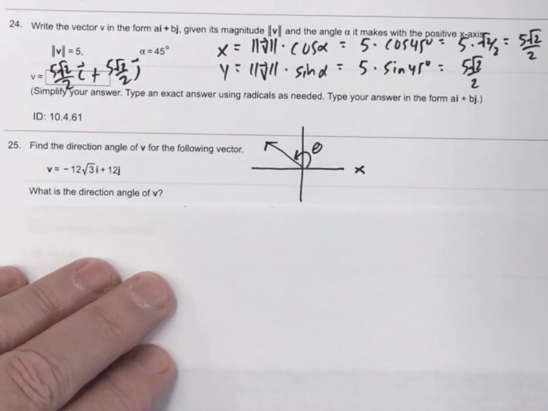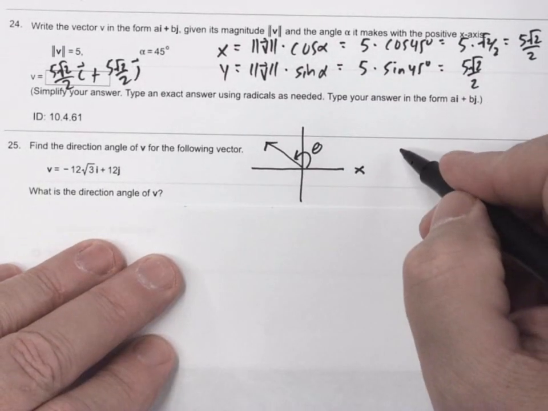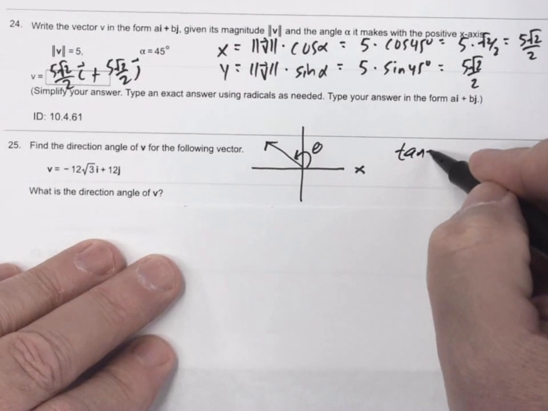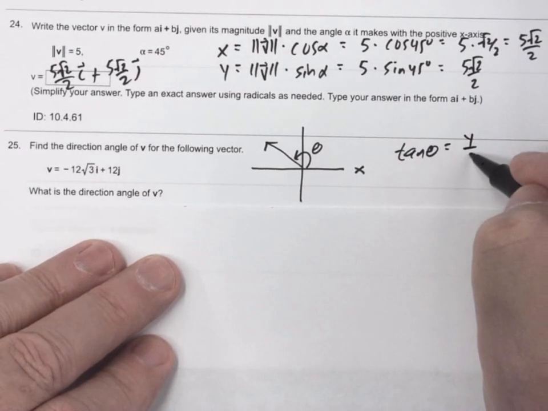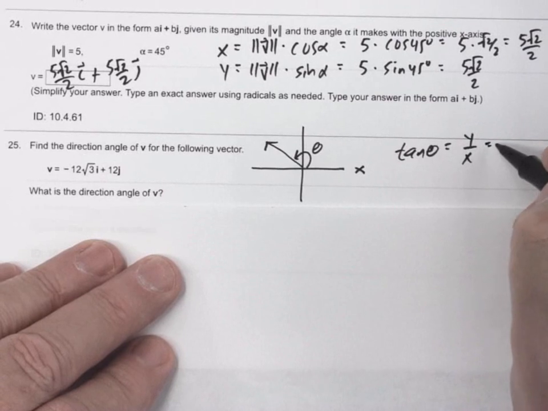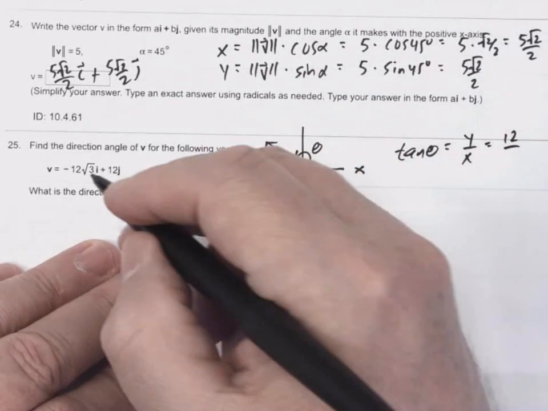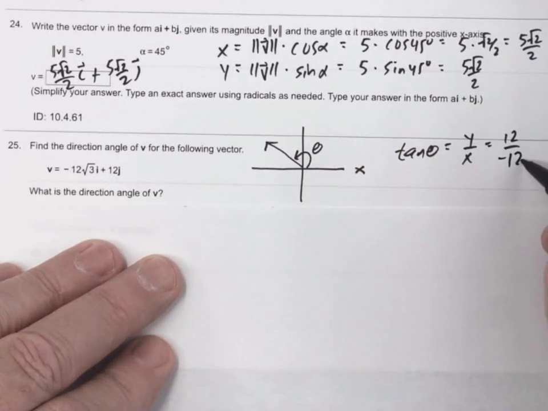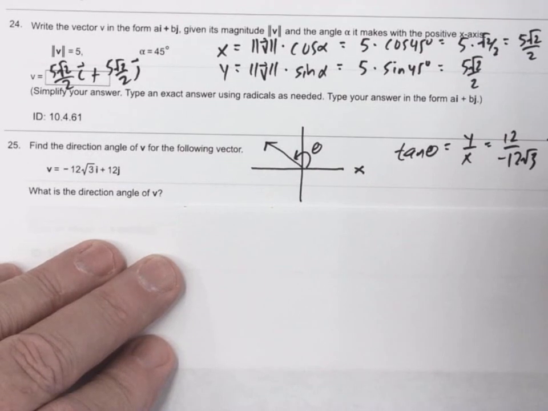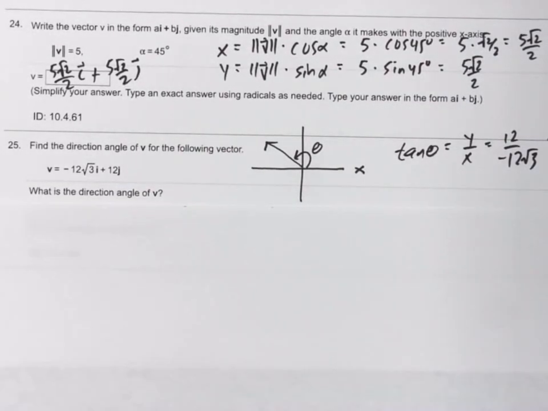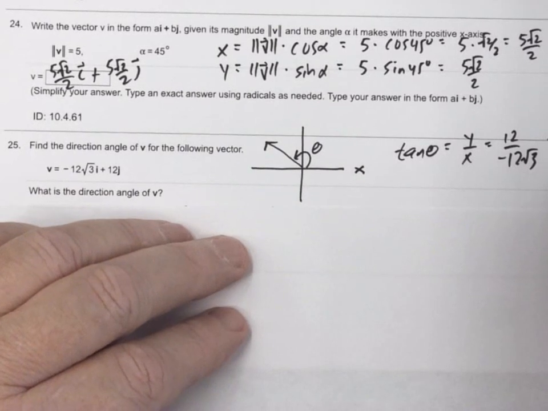Well, the way you find the angle is y is the j part, so it's 12. x is the i part, negative 12 square root of 3. So now you're asking yourself, is there a special angle where the tangent's negative square root of 1 over 3?